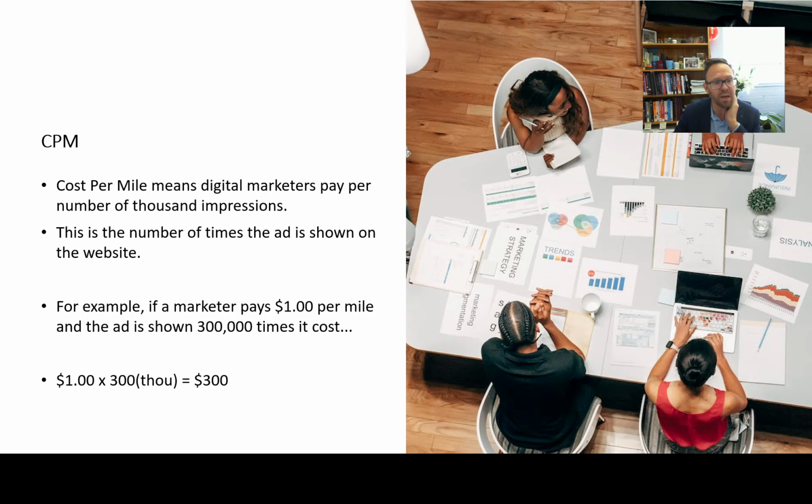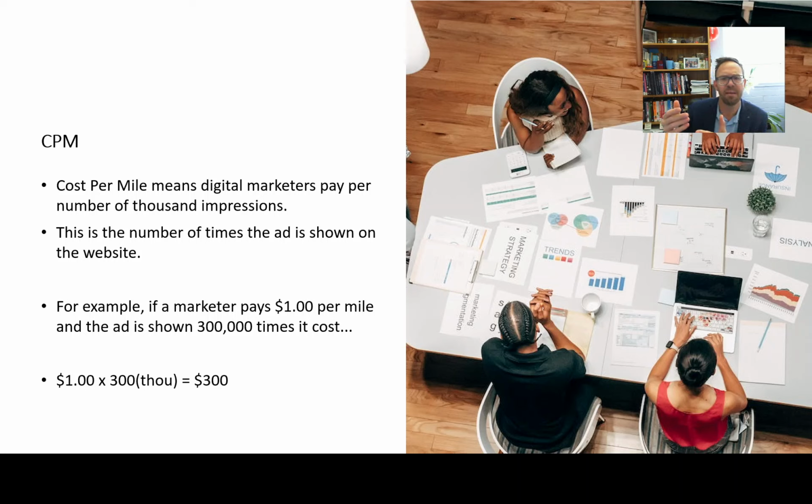All right, CPM, cost per mille, means digital marketers pay per number of thousands of impressions. Now, this is the number of times the ad is shown on the website. So an impression is basically every time somebody sees it. For an example, if a marketer pays $1 per mille, remember, the word mille comes from the Latin word, I can't remember what it is, something like milli.